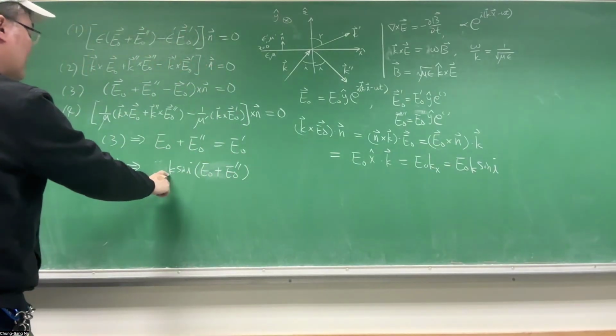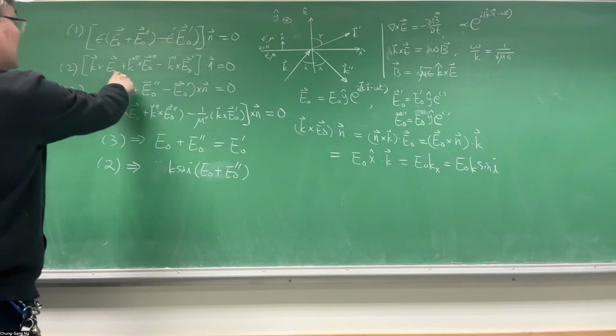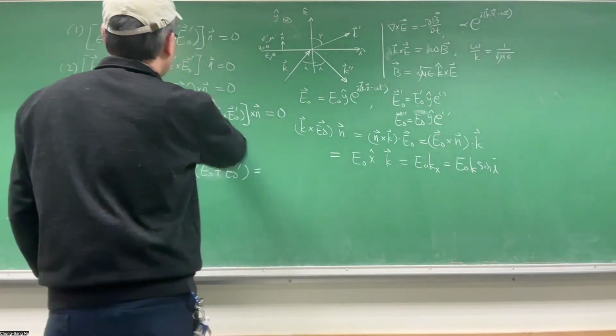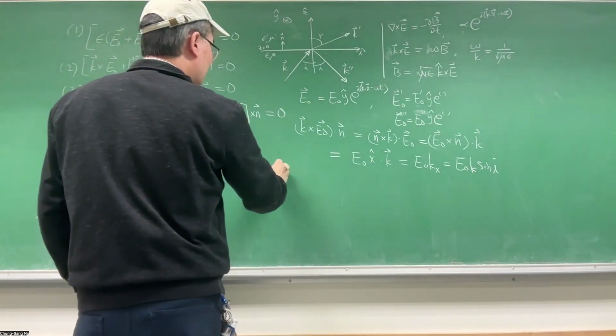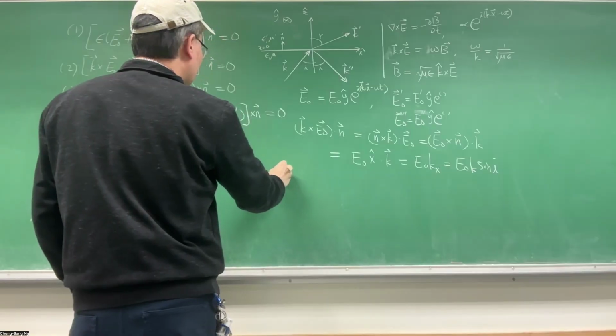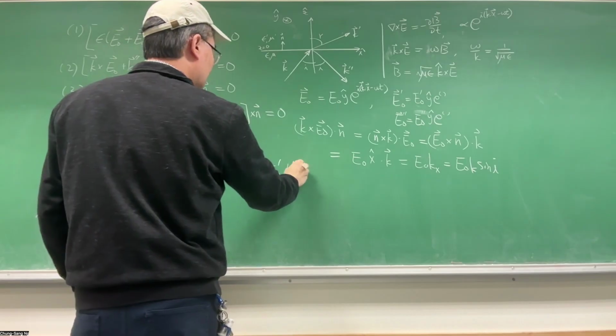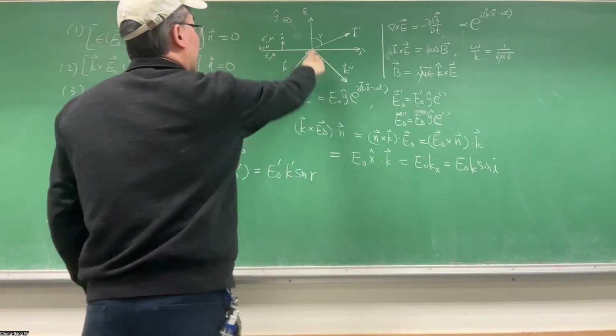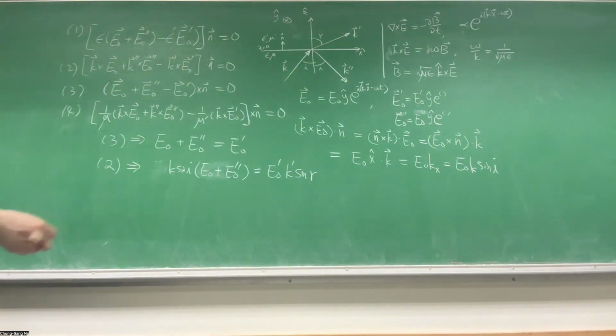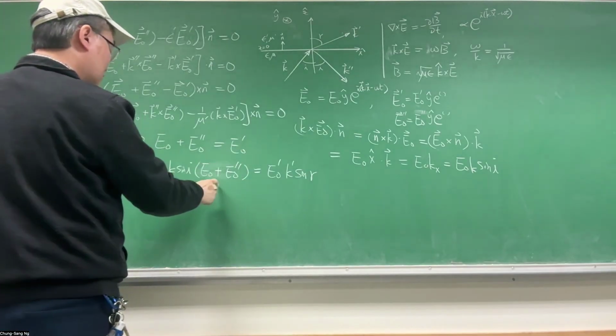So you just pull out k sine i. But this one you need to change to k prime, so this is E0 prime k prime sine r. Okay, right, so we got a two.